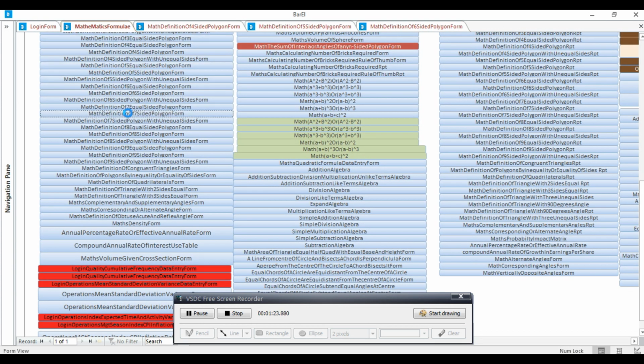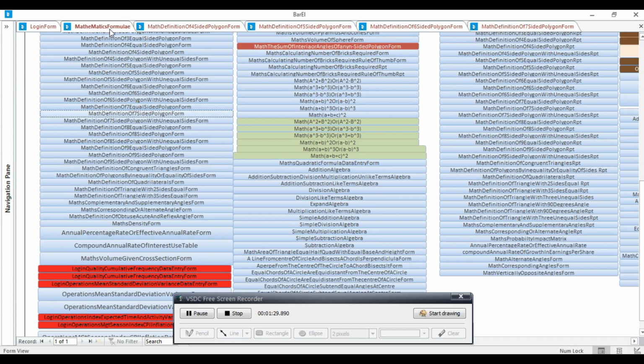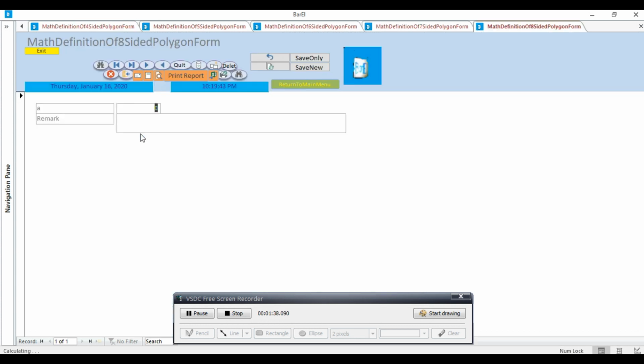Seven-sided polygon. It's a heptagon. Eight-sided polygon. It's an octagon.